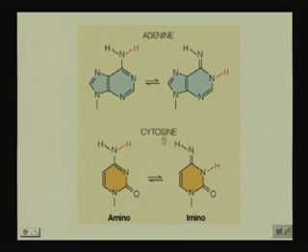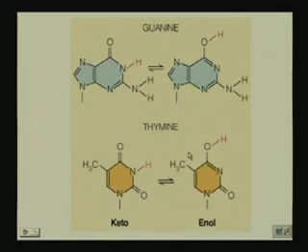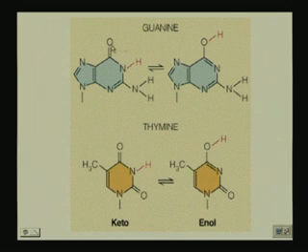So, when we have A and C, we have amino-imino type of tautomerization, but when we are talking about guanine and thymine, we have keto-enol type of tautomerization, where the keto group here becomes OH. In guanine, the purine, and in thymine, the pyrimidine, again we have the double bond O, the adjacent H goes to the keto C double bond O to form the enol.